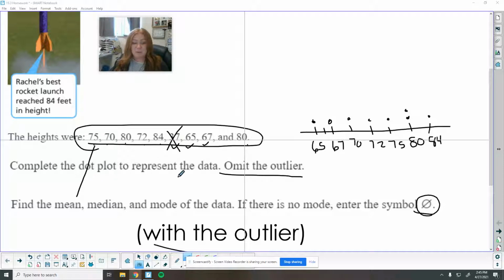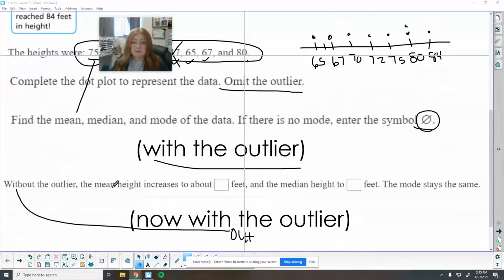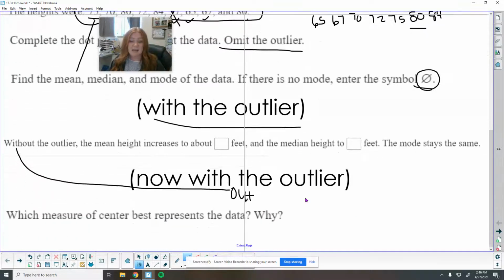We're going to put them in order, find the middle without 37, and the mode without 37. So then you'll enter in how much did the mean increase by, how much did the median increase by, and the mode will stay the same because the most often one was 80. But those other numbers are kind of going to go up a little bit because now we're getting rid of that really small number. So it kind of pushes the rest of them up.